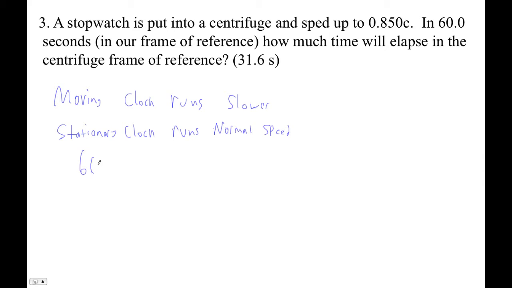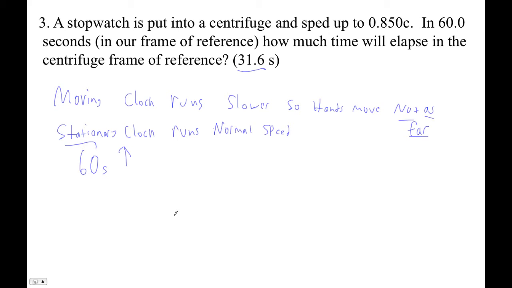So if 60 seconds elapses on the stationary clock, the clock that's moving is going to be ticking slower. So in our 60 seconds, it's going to show less time, right? So the hands move not as far, right?